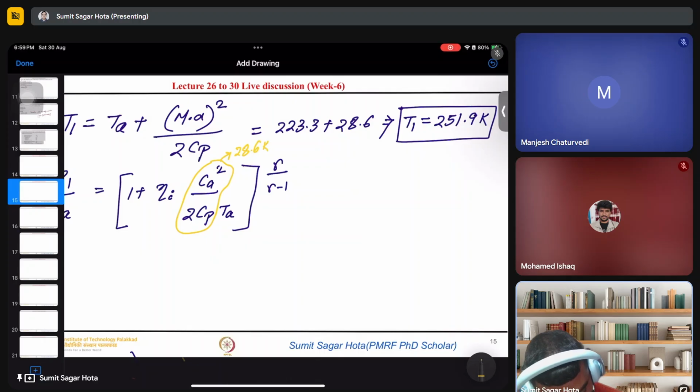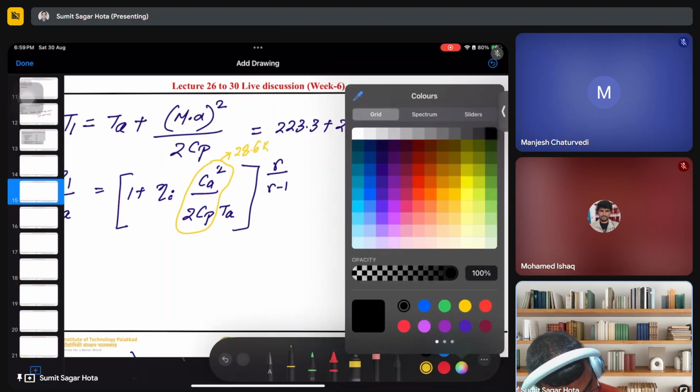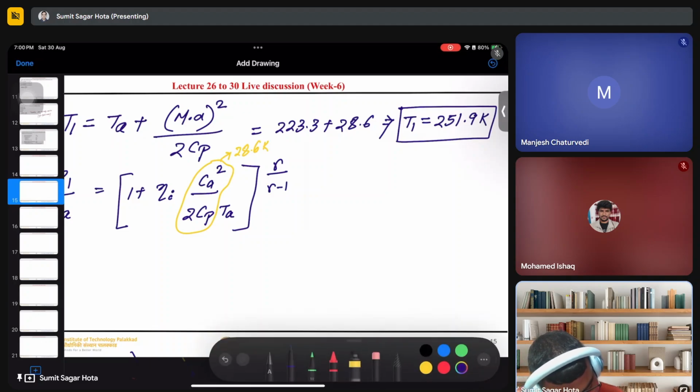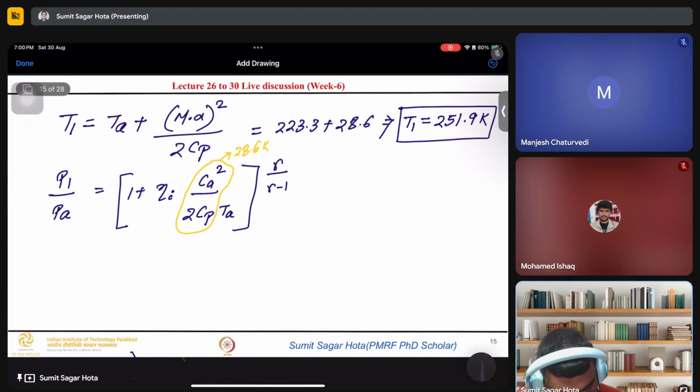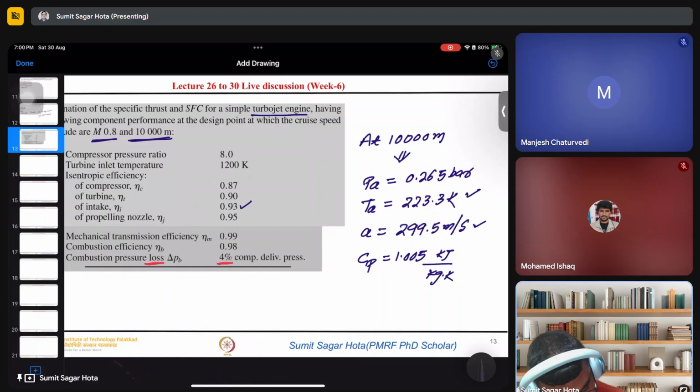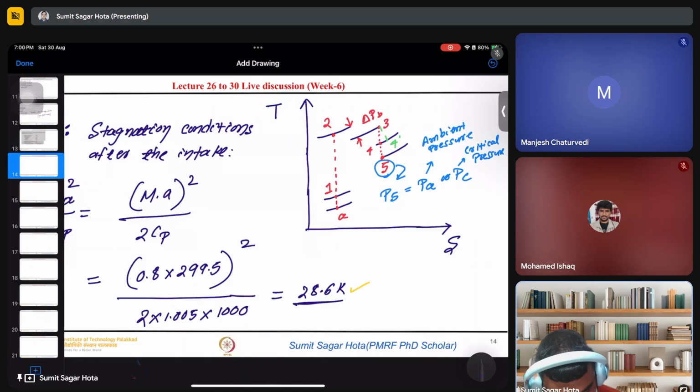And Ta you know very well, it is here, 223.3 Kelvin. Efficiency, everything we now have, right? And gamma is 1.4, you take.